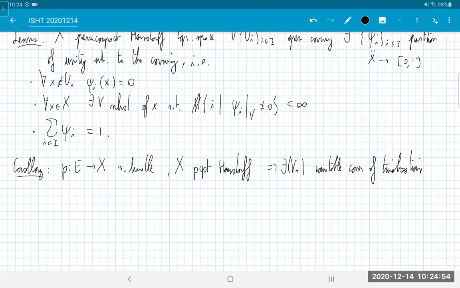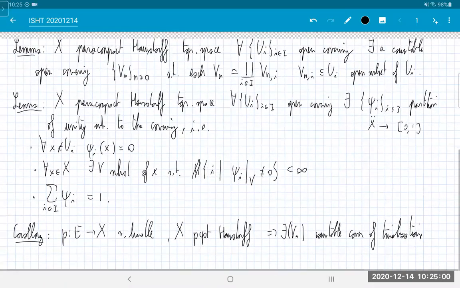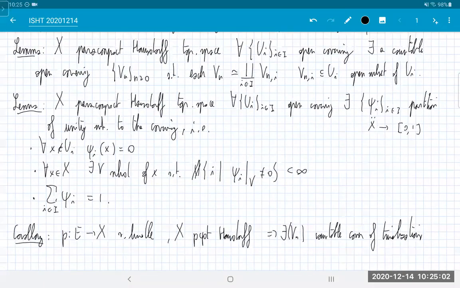Because you can find an open cover such that E is trivialized over every member, but then you can apply this lemma and find such a countable open cover. And if you have a trivialization on each disjoint connected component of your V_n, you can glue them together to a trivialization.